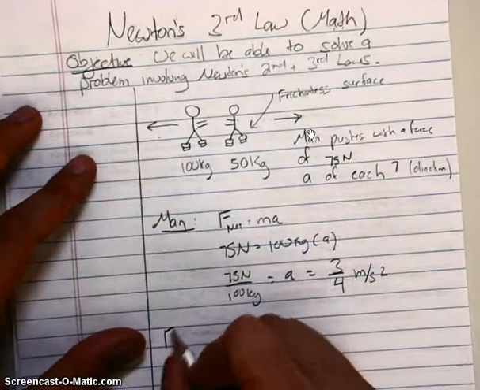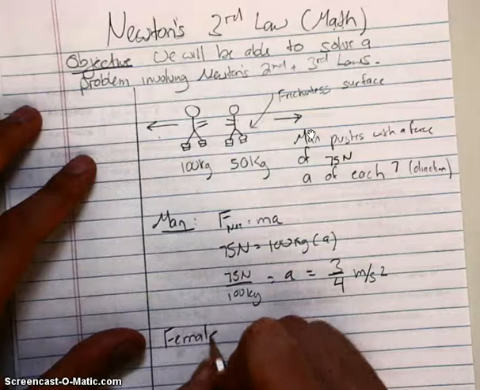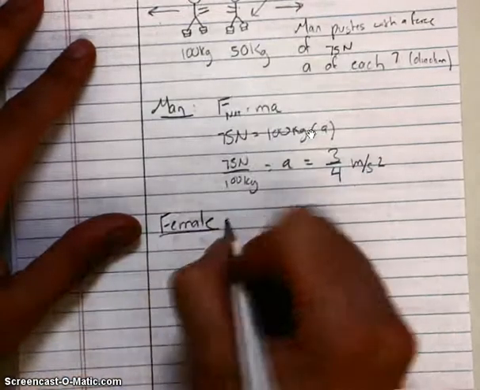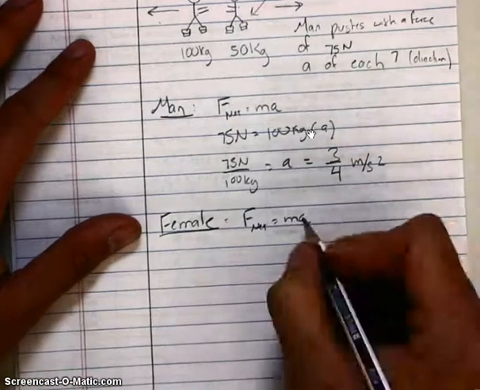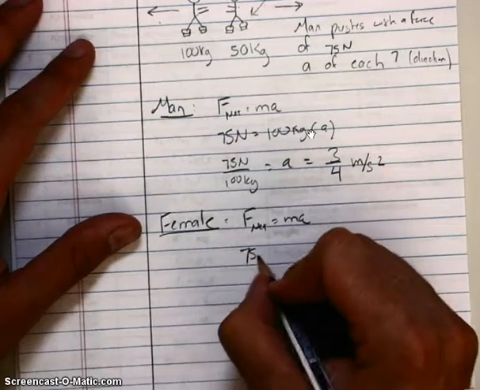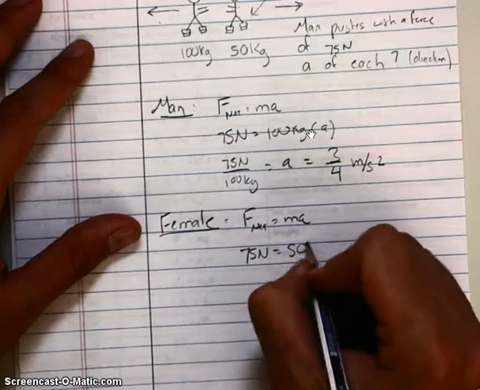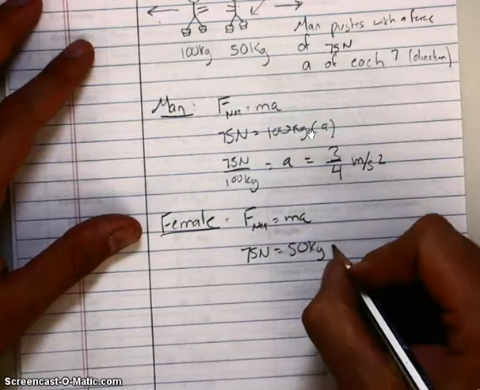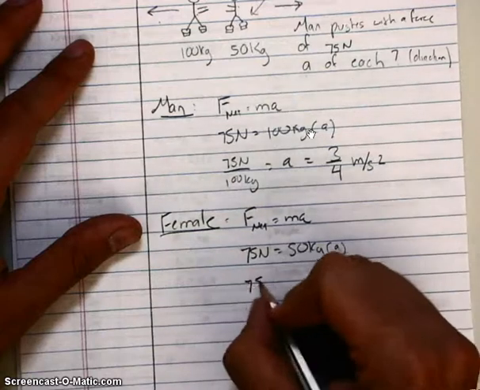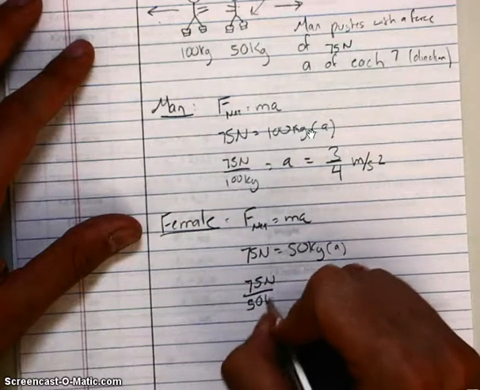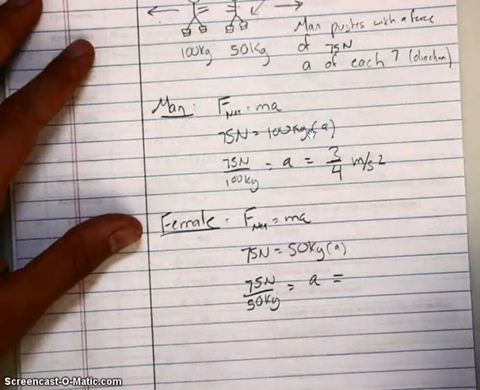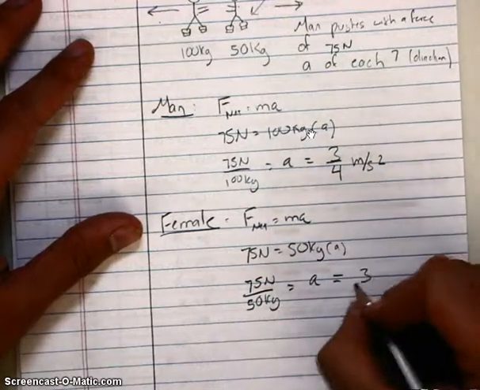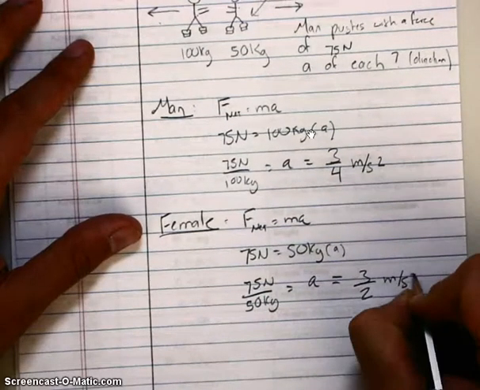And then we're going to do the female. F net equals ma. 75 newtons equals 50 kilograms times a. So 75 newtons over 50 kilograms equals a, which comes out to be 3/2 meters per second squared.